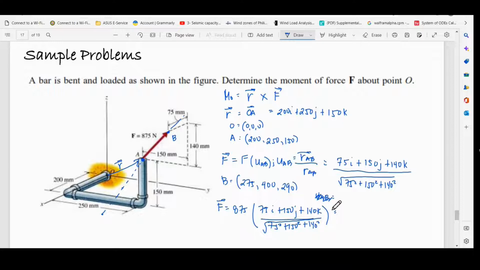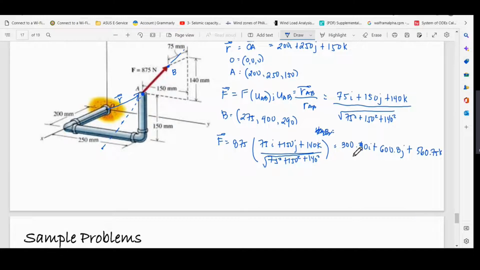So this is equal to 300.4 I plus 600.8 J plus 560.75 K. So, ito na yung equivalent Cartesian vector form of our force F.